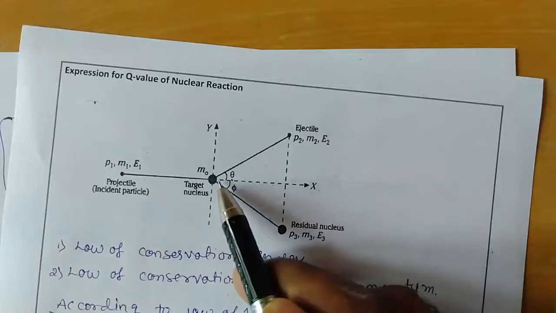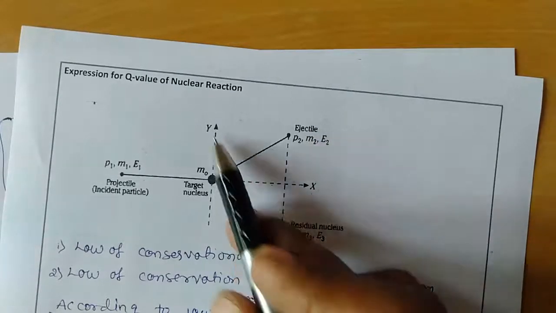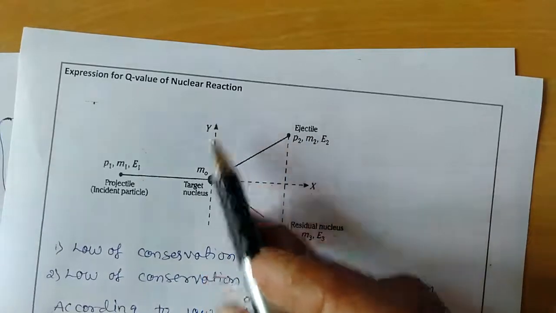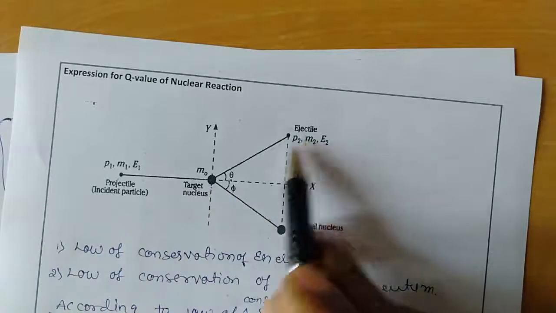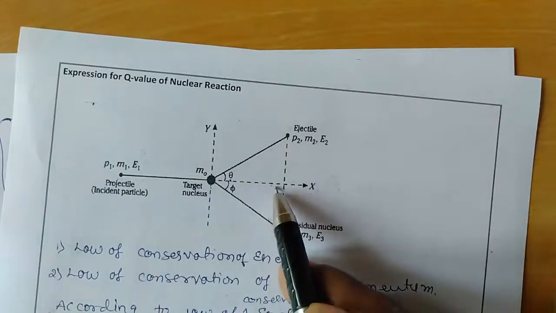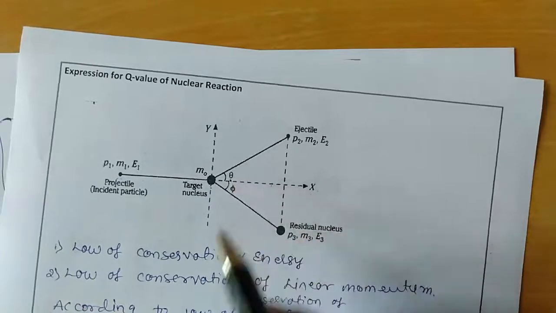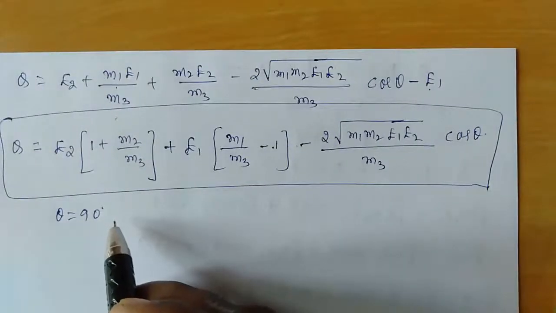Usually the ejectile will be moving in a direction perpendicular to the collimated beam, so I'll take theta as 90 degrees. Why? Because it is perpendicular.